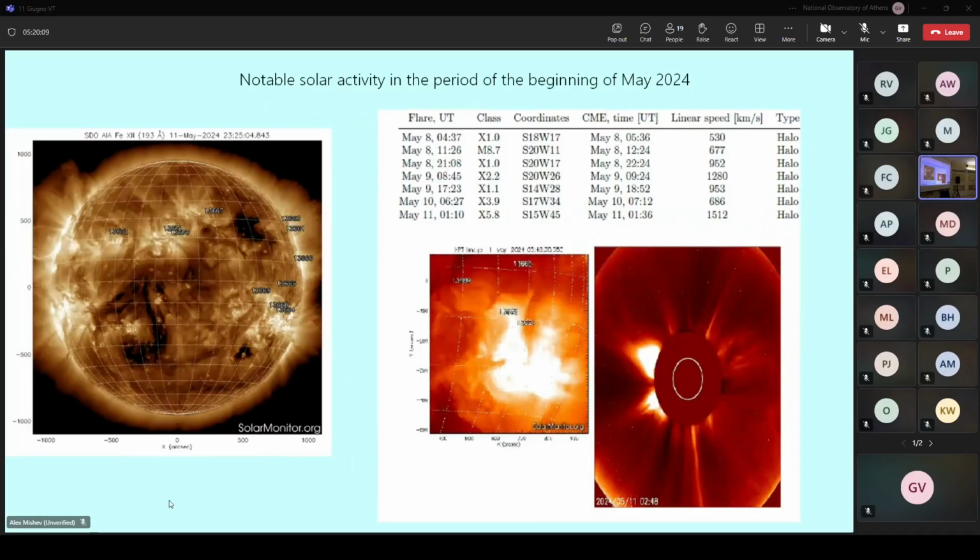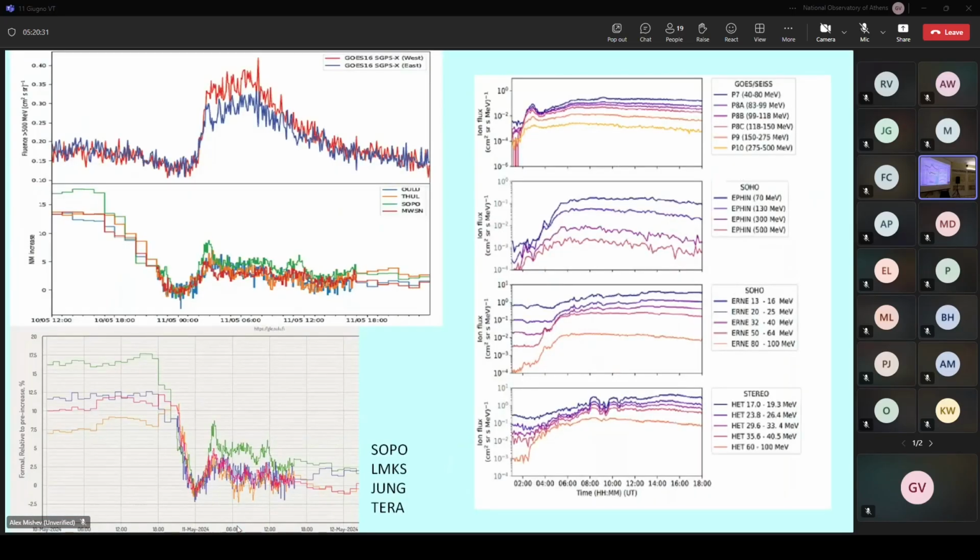We know that our sun was very active about a year ago, and there were several X flares popped out within a week and a few days. And on 10-11 of May, there was a sympathetic eruption of two regions, which accelerated particles observed by GOES. And you can also observe them by neutron monitors.